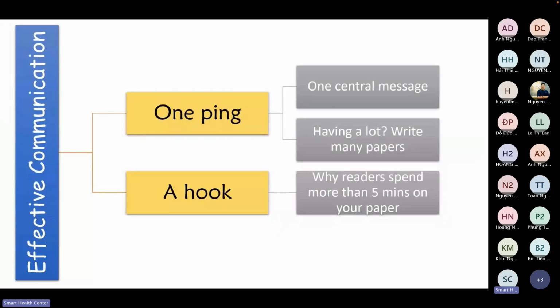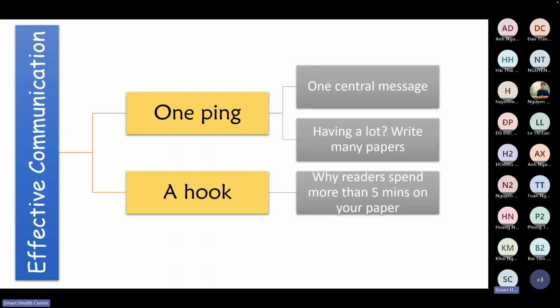So when I say effective communication, I'm talking about 1 minute or 5 minutes. Actually, in one paper, you have one central message, one take-home message. If you have many messages to tell the readers, then write many papers, right? So remember, don't say too many things.